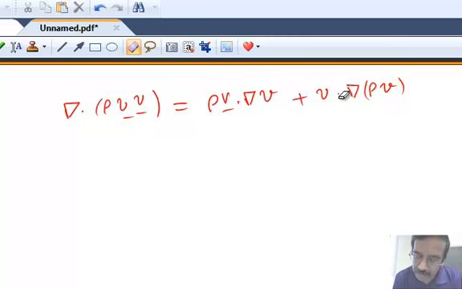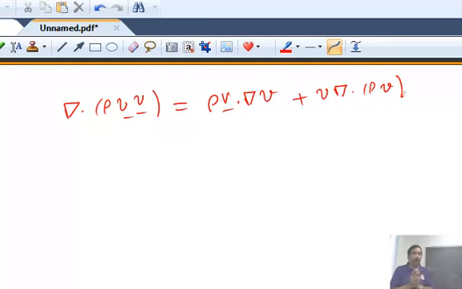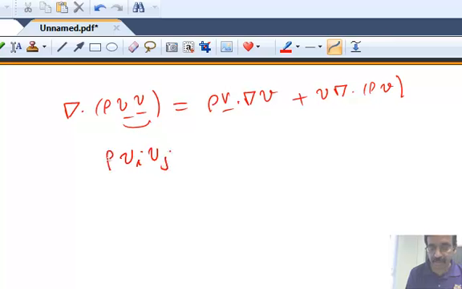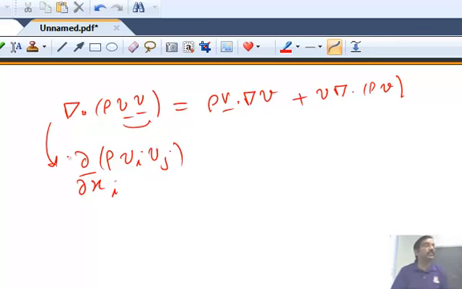I think I made a mistake there. That's what we want to show. How do we show this? We write this in index notation. Now, what is v times v, this expression? What would you call it? Dyadic product, v_i v_j rho. So what should this index be? There is a dot product, right? It should be x_i. That's how you would convert that into index notation.